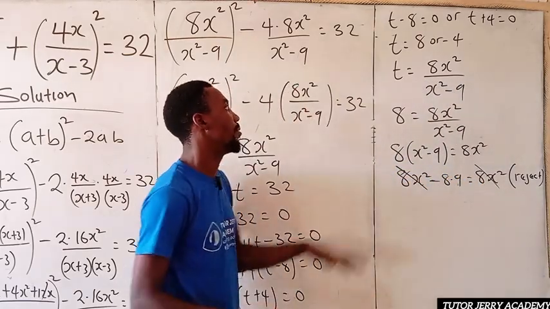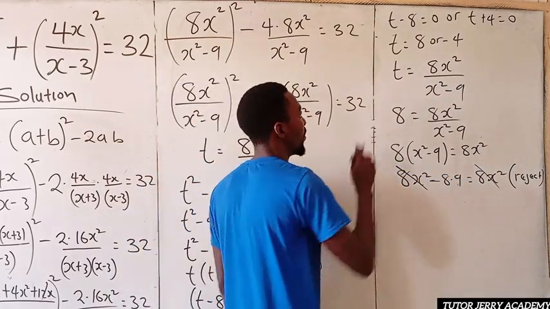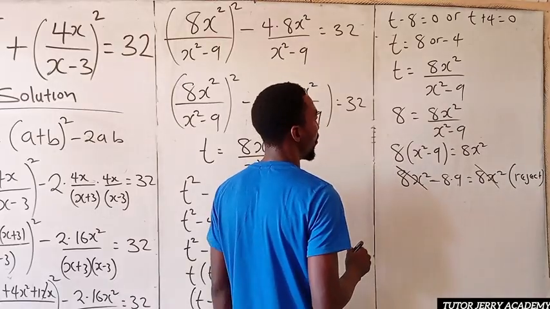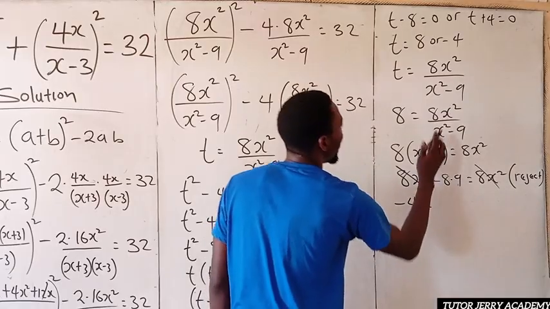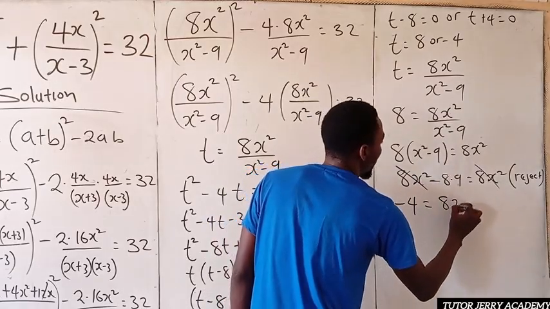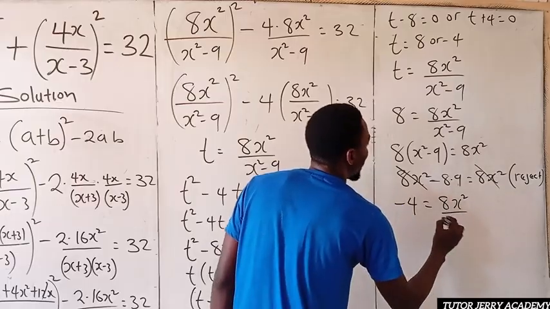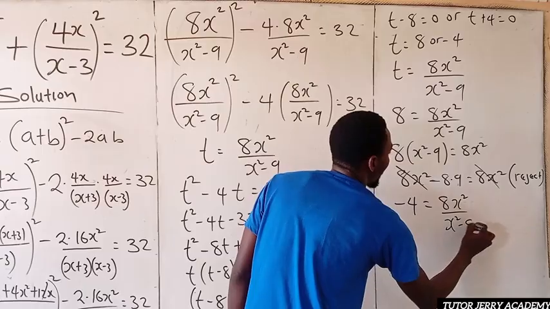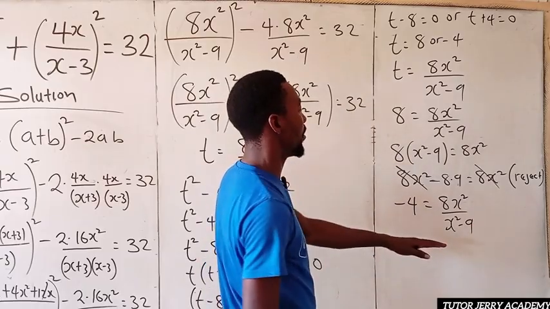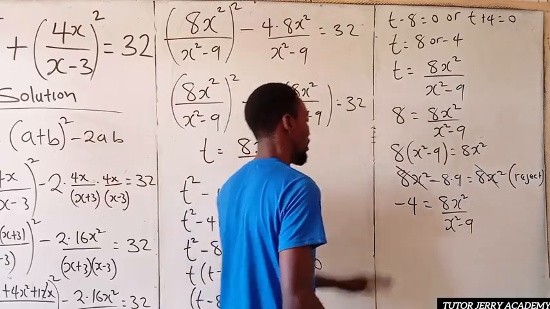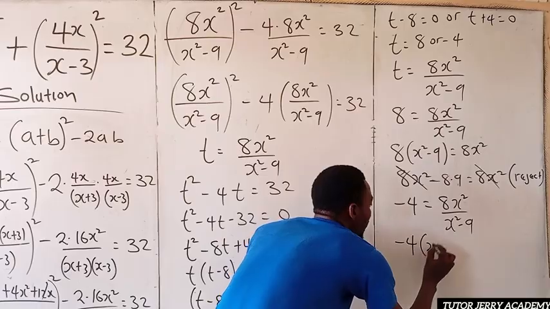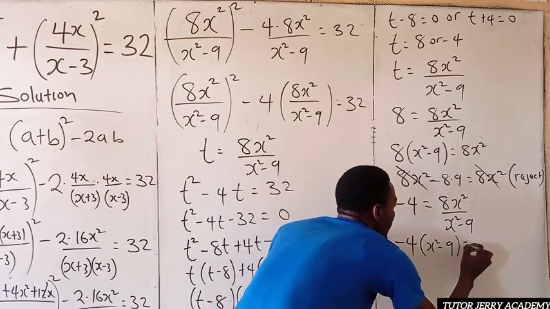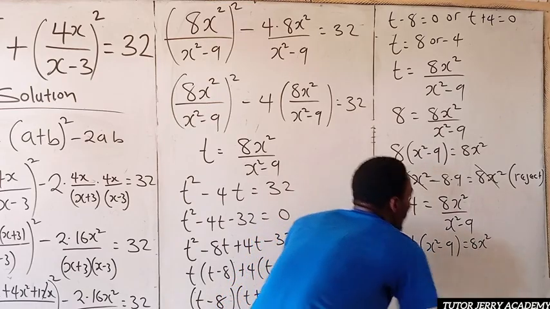Now we are going to take t to be equal to negative 4. So when t is equal to negative 4, it shows that negative 4 will be equal to 8s squared all over s squared minus 9. If we cross multiply now, I'm going to have minus 4 into s squared minus 9 equals 8s squared.